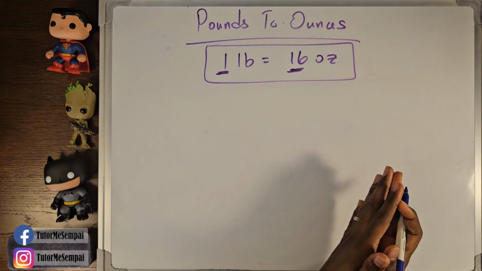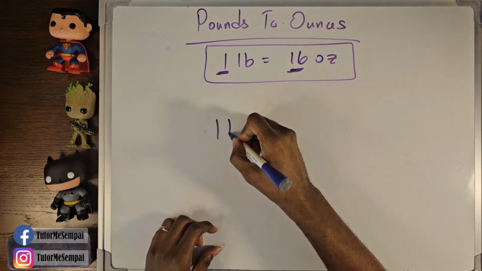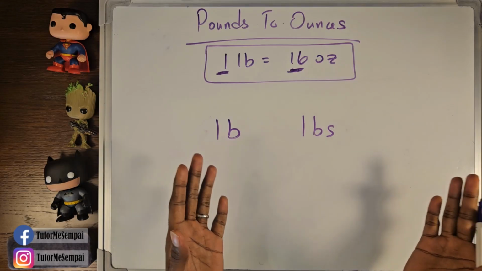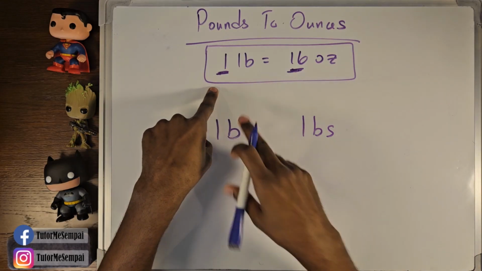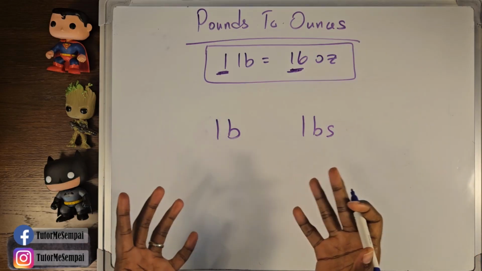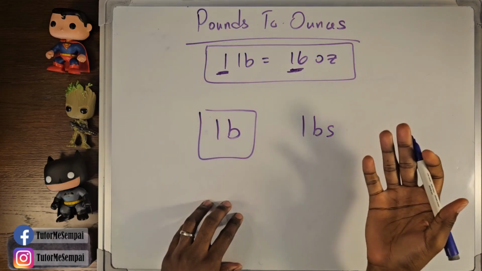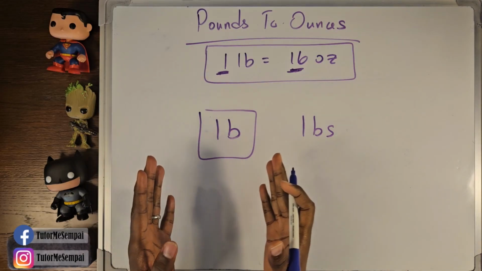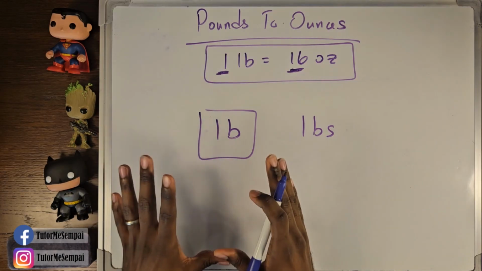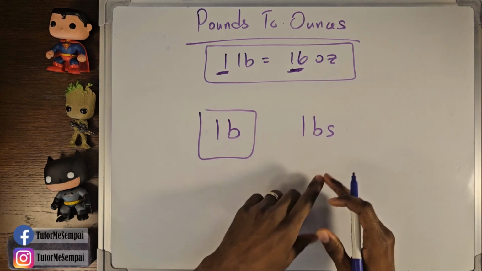Actually, before we jump out of this video, there's one bit of clarification I would like to offer. And that's the use of LB versus LBS. Now, I wrote LBS a lot in this video. I tend to use LB for a single pound and LBS for multiple pounds. But technically, a lot of people may tell you that LB is all you need. And that's fine. This is just fine to use for a single pound or multiple pounds. Like I said, most people would probably tell you only use that. But there are some areas that will accept LBS for multiple pounds.